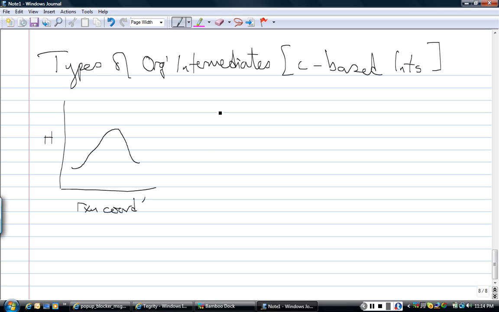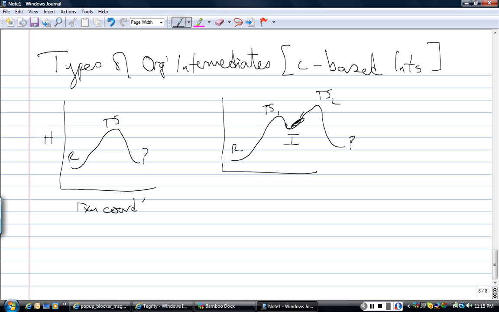On the other hand, if I have a reaction in which there is a minimum between the maxima, then I have reagent, transition state 1, this is the intermediate, transition state 2, this is my product. This other one will be reagent, the only transition state, and my product. So this is the intermediate. It's a minimum that exists between 2 adjacent maxima.